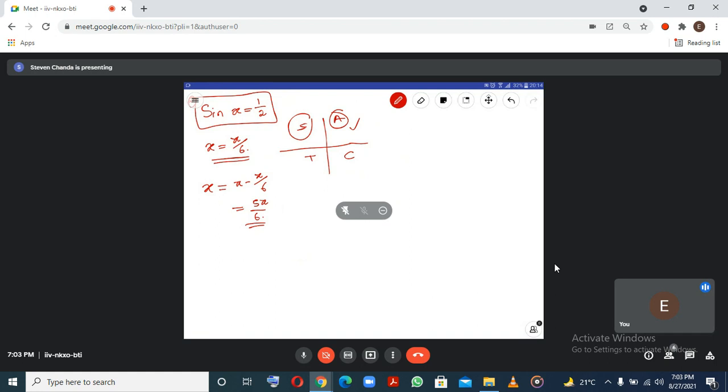Remember, any value, let's say we get the 330 that I found, where is 330 going to be? In the fourth quadrant. That's why sine 330 is going to give you negative half, meaning it's the same magnitude but has a negative sign, and we don't want that. So what do you want? You want an answer which is going to be in the first quadrant.